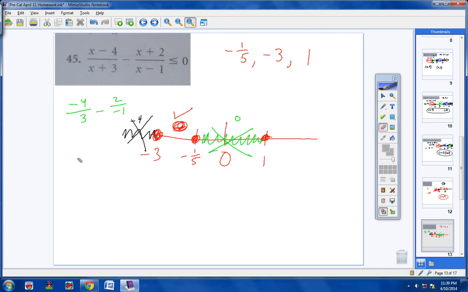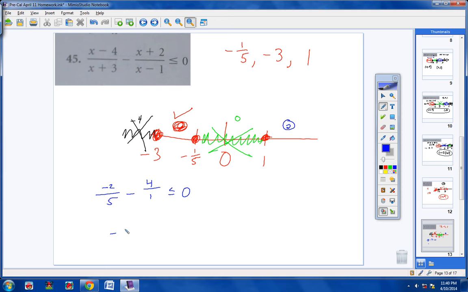And now we'll move on to testing our last section. Looks like we're going to use a positive 2. So 2 minus 4 would be negative 2. 2 plus 3 is 5. 2 plus 2 is 4. 2 minus 1 is 1. Less than or equal to 0.